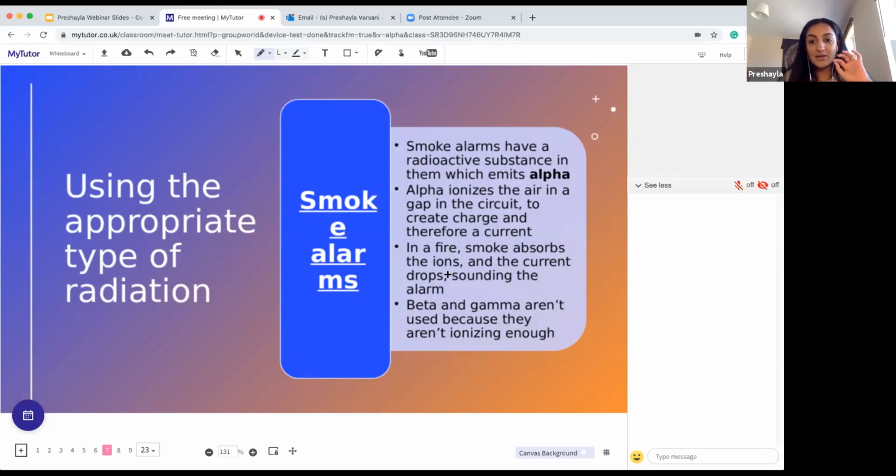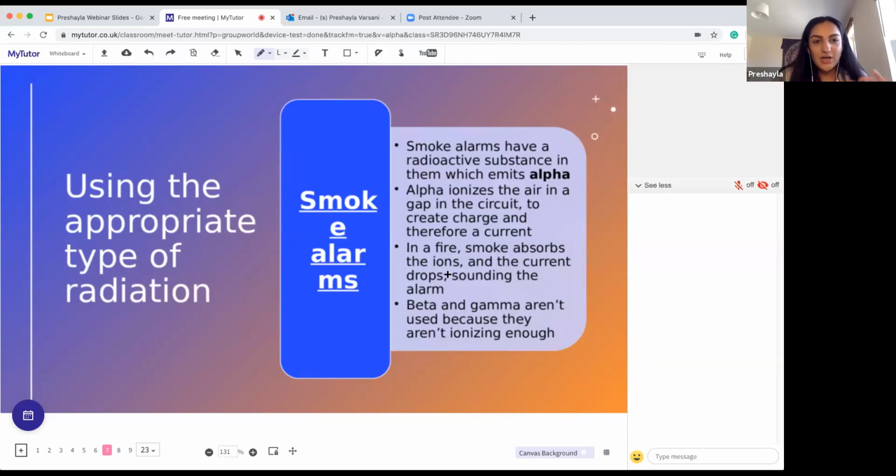Now those alpha particles coming out of the substance ionize the atoms in air, in a gap in a circuit. So it gives out alpha radiation, and that alpha radiation ionizes the atoms in the air in a gap in a circuit.